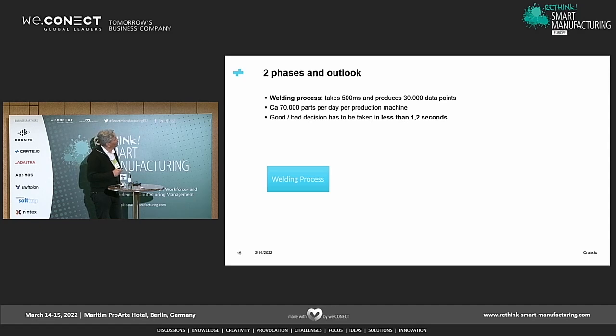And so how that worked before was, you have this welding process, it takes 500 milliseconds, it produces 30,000 data points, which is essentially the current that is drawn from the system when the welding happens. And they produce 70,000 parts in one machine per day. That's 2 billion records per day.